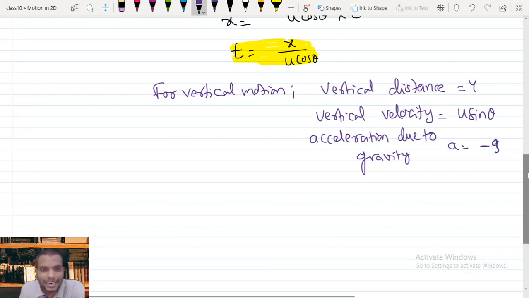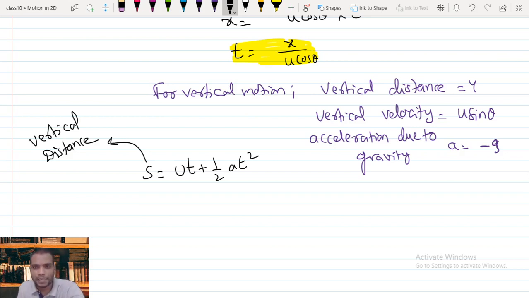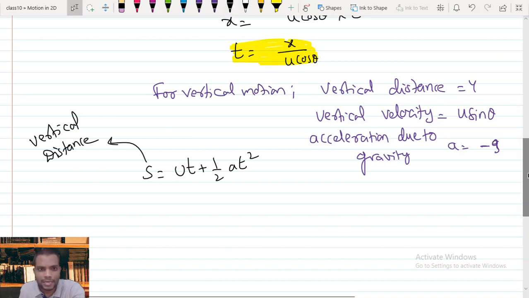Now if you use the second equation of motion, s equals ut plus half a t square. Here s is nothing but the vertical distance. Vertical distance or vertical displacement, both in this scenario are the same. So in the present case, the vertical distance y equals s.